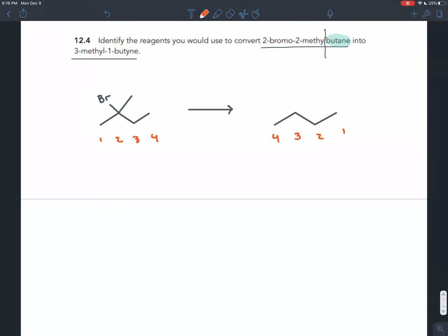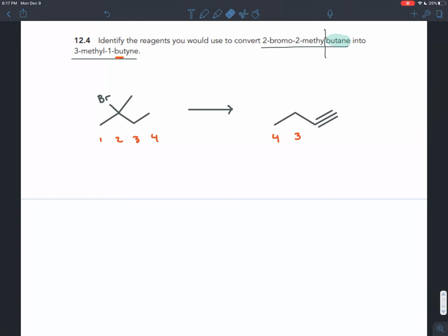1, 2, 3, 4. Now, here, that's one. We have but-, that we've already drawn in. The -yne means that we have a triple bond, starting on carbon number 1 and going to carbon number 2.